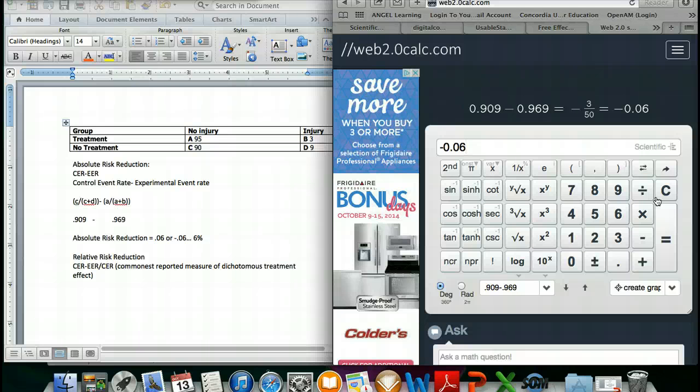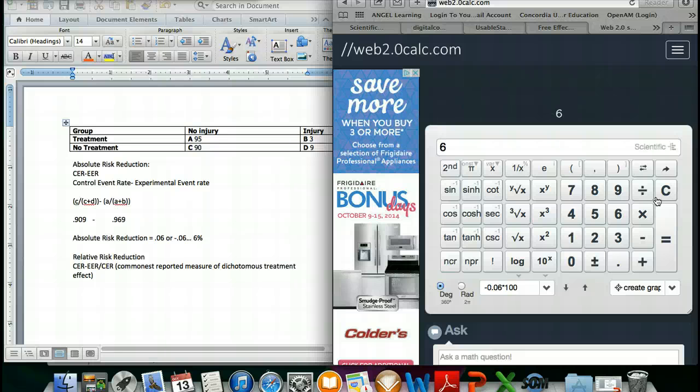So this can either be looked at as negative 0.06 or 0.06, or if we times it by 100, 6%. Any of these answers would have worked.